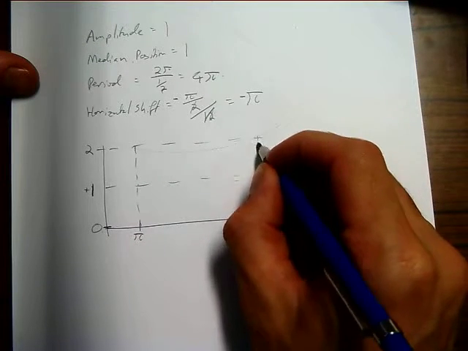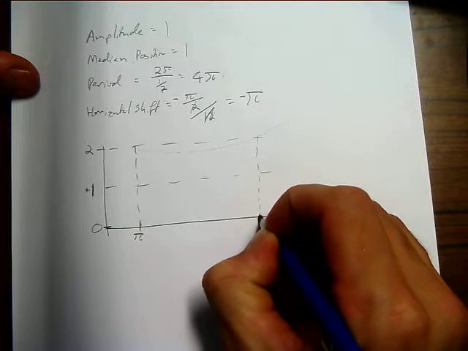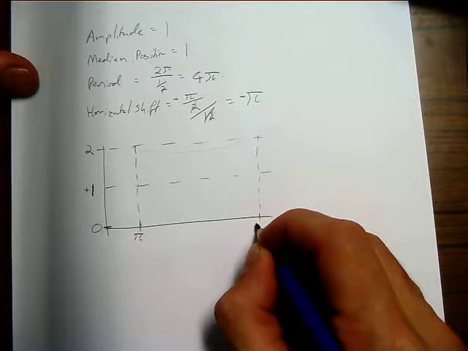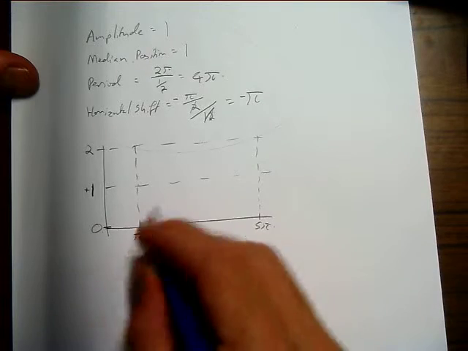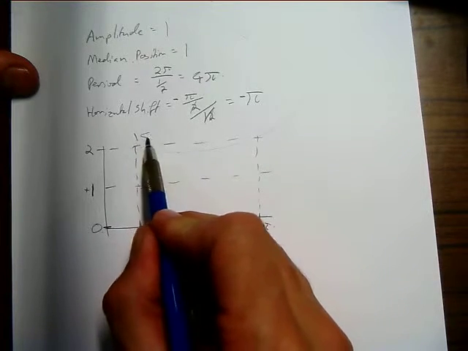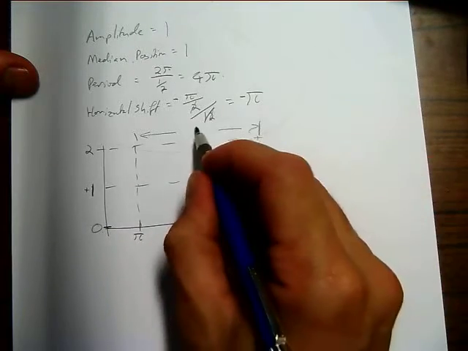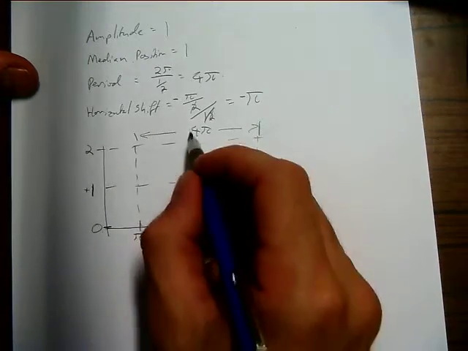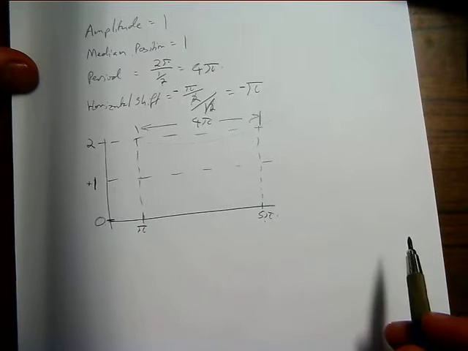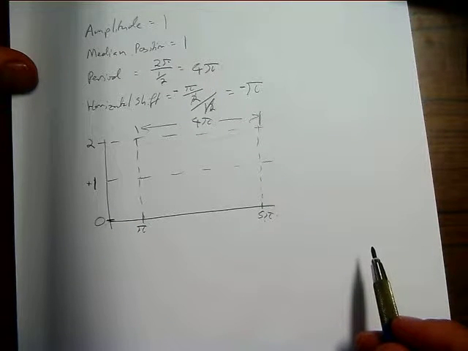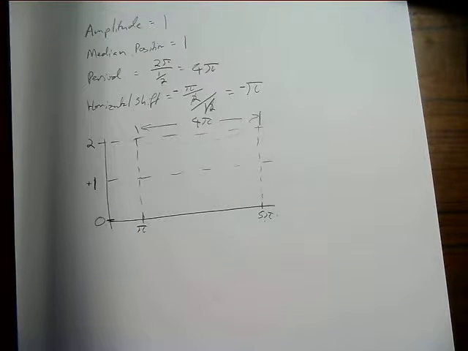So what's the end of our box going to be? 5 pi. Because that distance there between the start of our box and the end of our box is 4 pi. So 1 pi plus 4 pi is 5 pi.